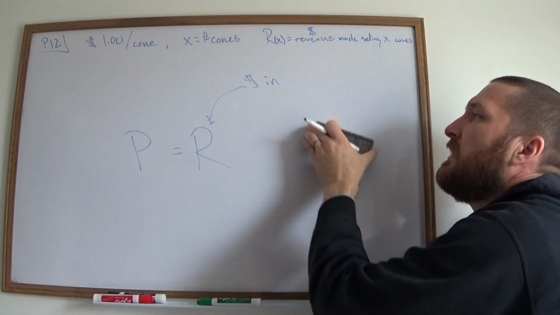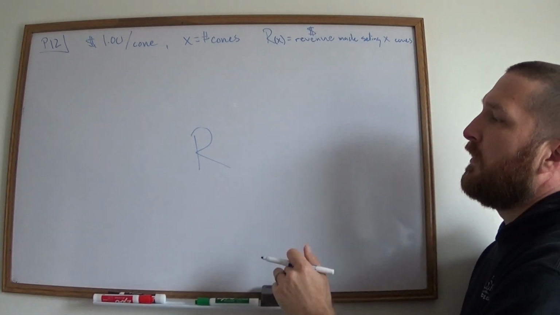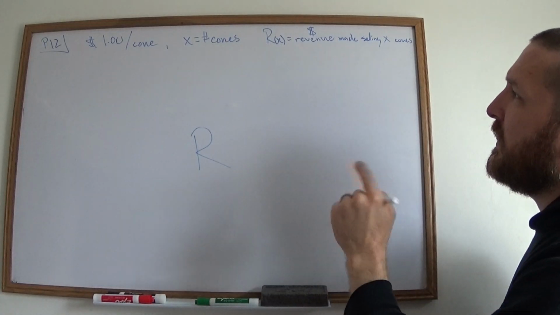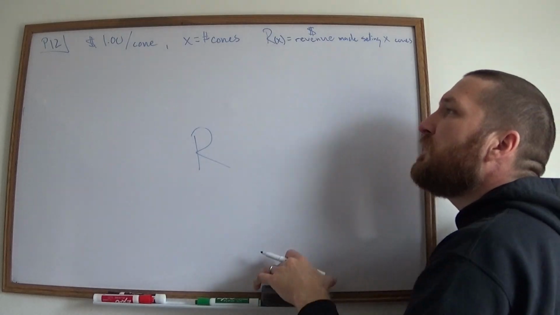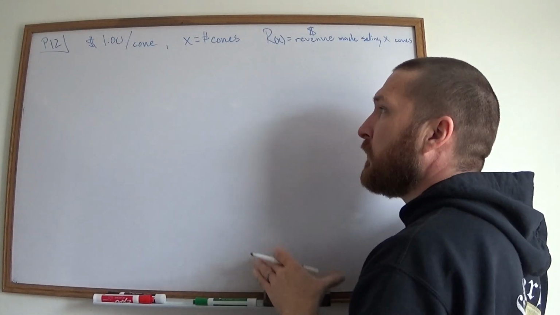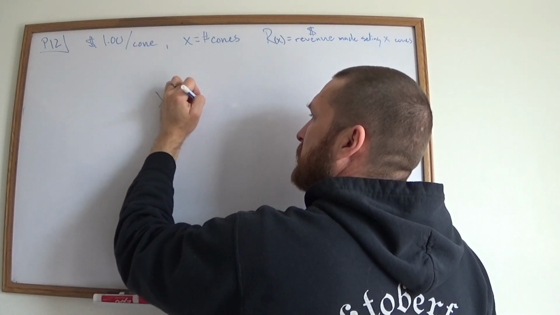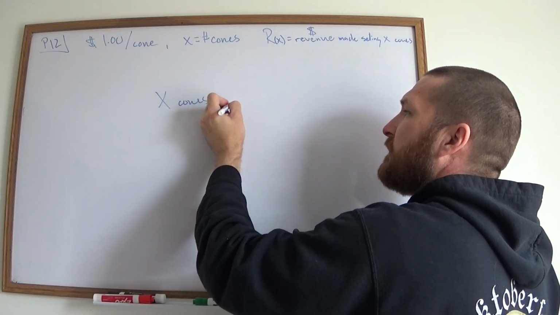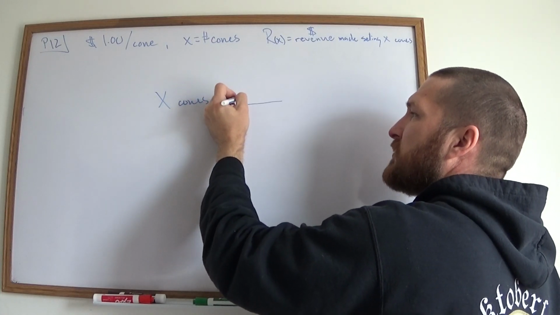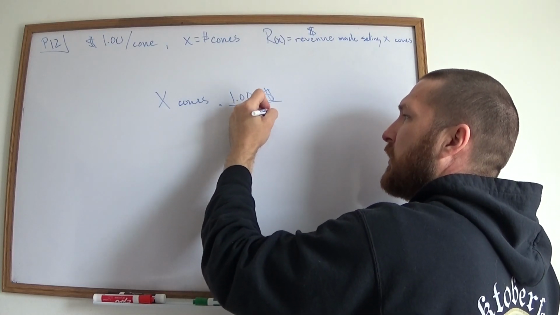That should make sense. And so this is a total gimme right here, right? We want to know how much money you make if you sell X cones. Well, if you sell for $1 a cone, let's just be really explicit here. You have X cones and you sell them for $1 each. So in other words, you're making $1 per cone.